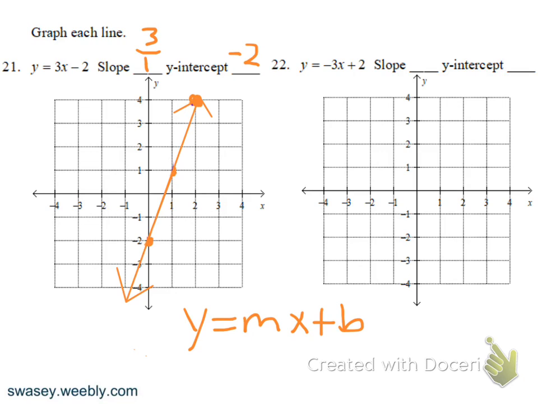All right, for the next one, we have a slope of -3/1, y-intercept of 2, plot a point at 2, and then go down 3 to the right 1. Now we'll connect those.